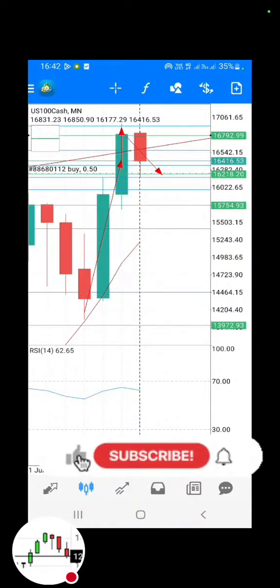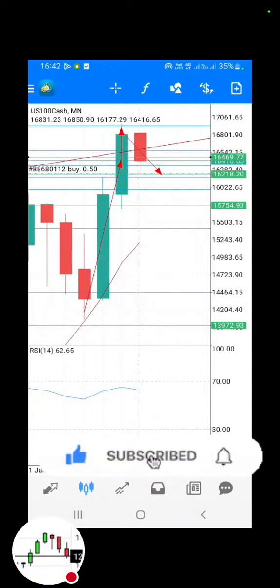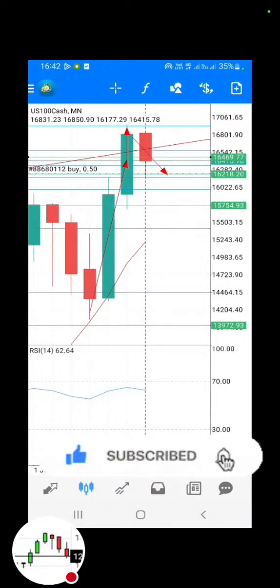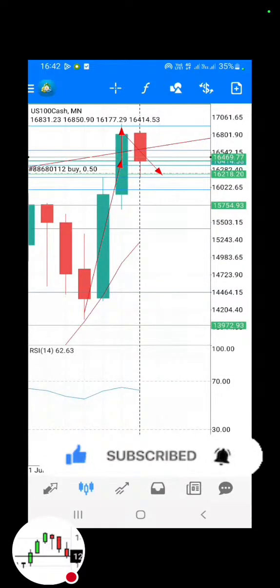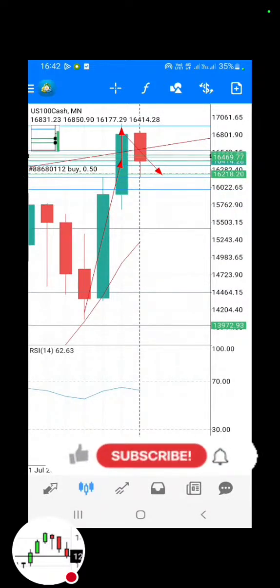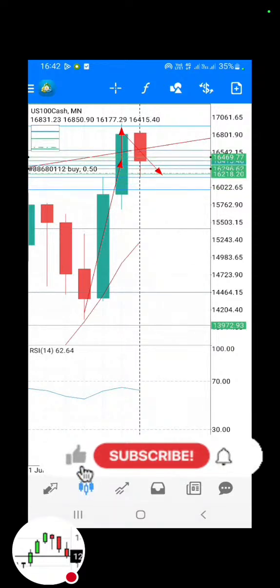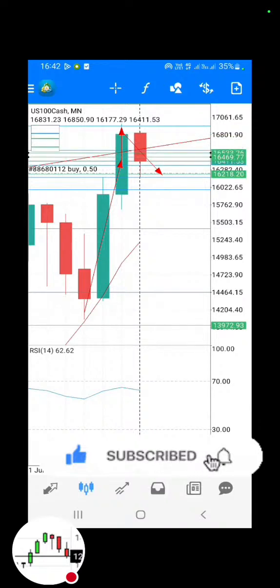You can see the market is going up after this engulfing candlestick. So we can expect the market to continue. The last candlesticks show buyers are more interested. I have seen a lot of rejection.